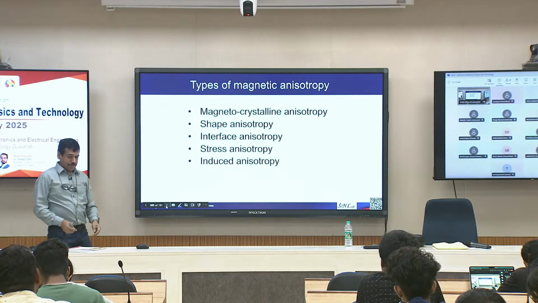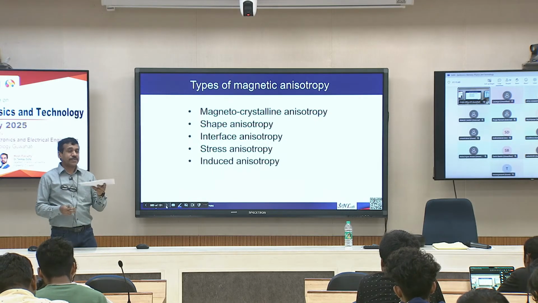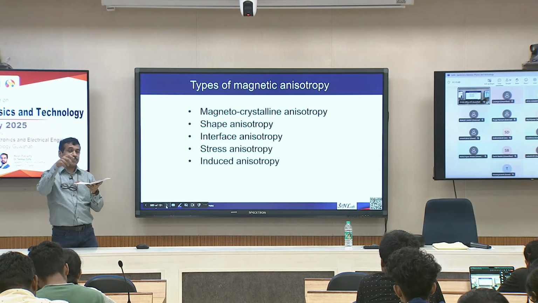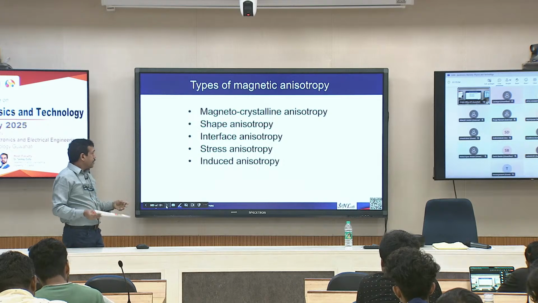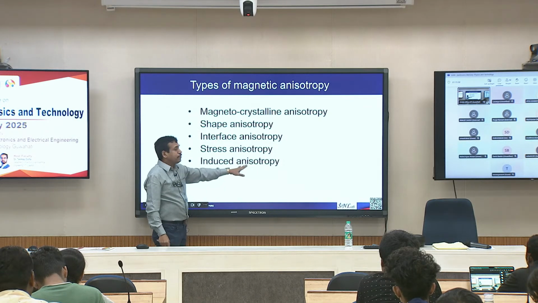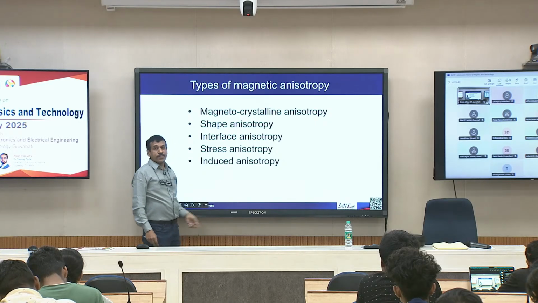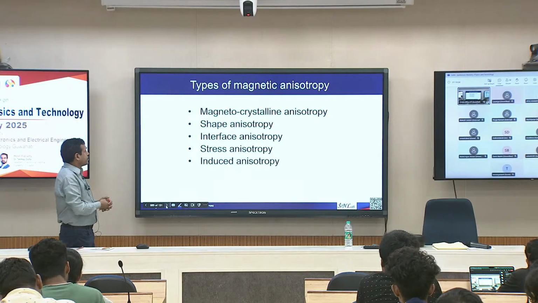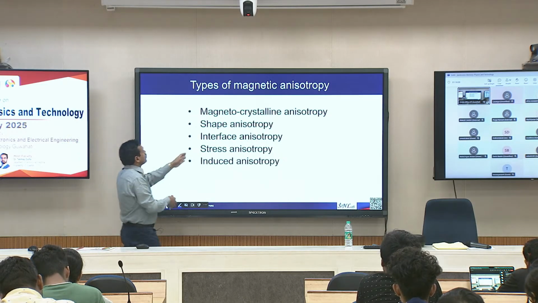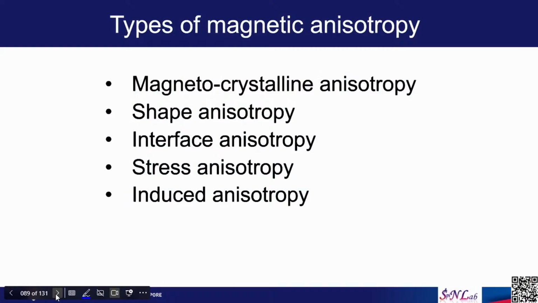And sometimes let us say you deposit a magnetic film. During the magnetic film deposition, you apply a certain magnetic field, and the magnetic field can induce certain anisotropy in the film. That is called induced anisotropy. Okay. So, there are various types of anisotropy. The origin of magnetic anisotropy can come from various factors.